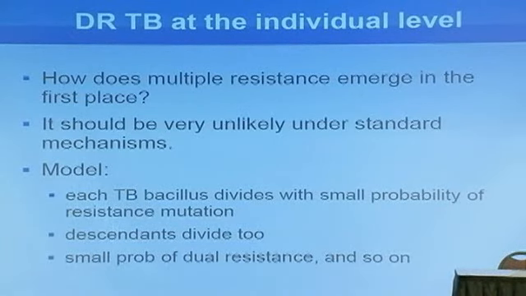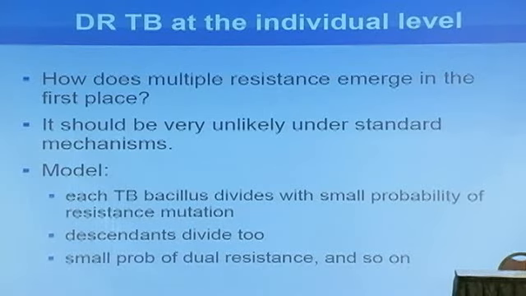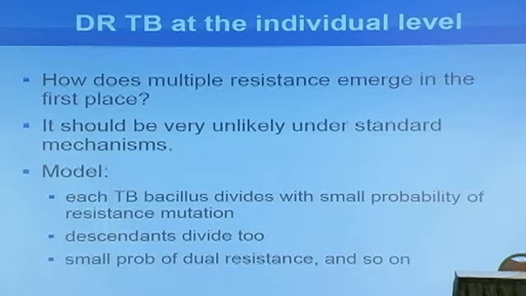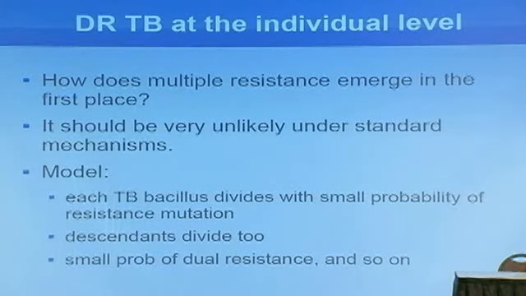You've already heard some about that: basically this can emerge through sequential effective monotherapy. But under good treatment, and of course, you're not going to believe me after hearing the two talks you just heard, it should be very unlikely under good, well-implemented standard regimens, and it seems to have emerged a lot.